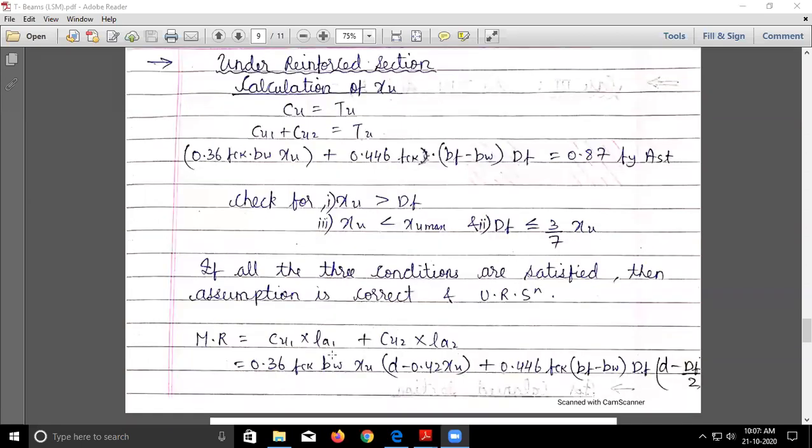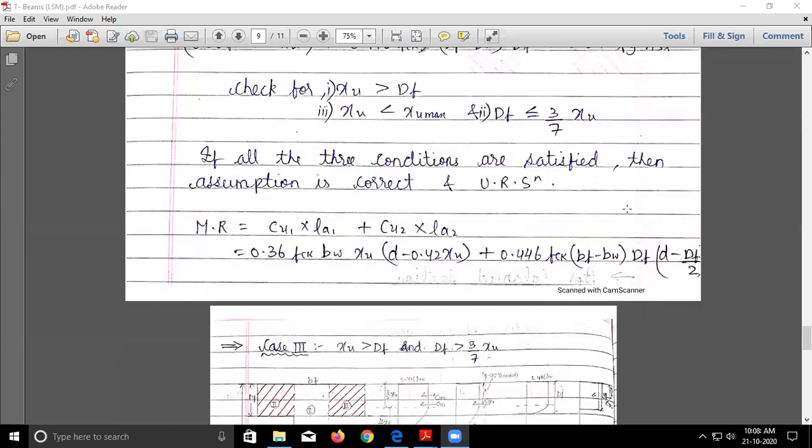Then MR is given by CU1 into lever arm 1 plus CU2 into lever arm 2. So 0.36 FCK BW into XU into lever arm, plus for the second area 0.446 FCK (BF minus BW) into DF into (D minus DF/2). I hope this is clear for an under flange section. Yes or no? Yes, sir. Okay. So now let us move on to the third case.